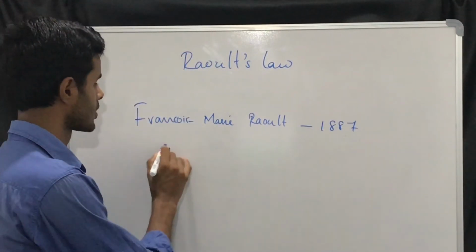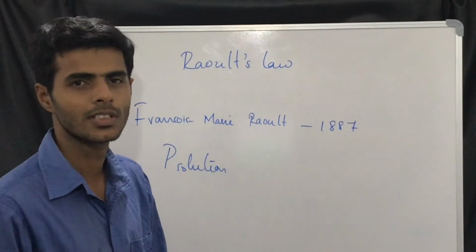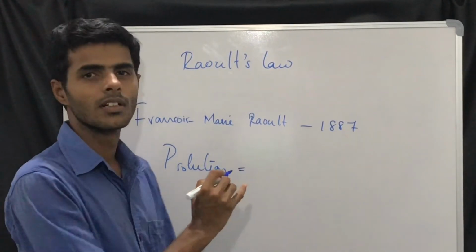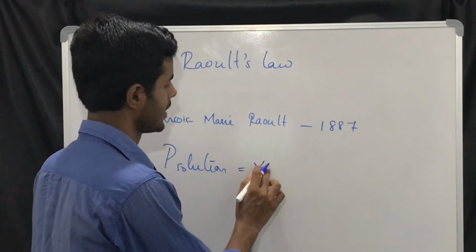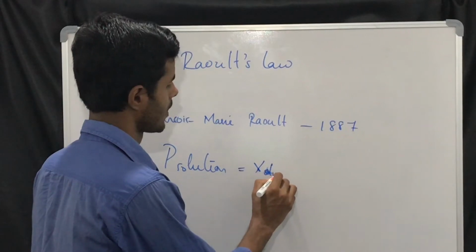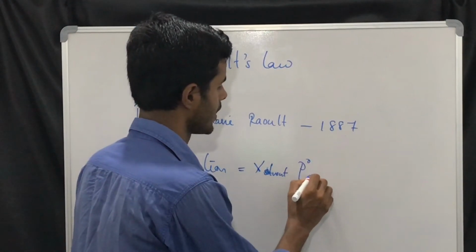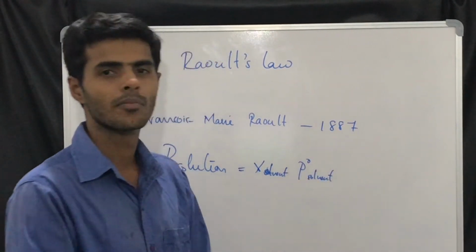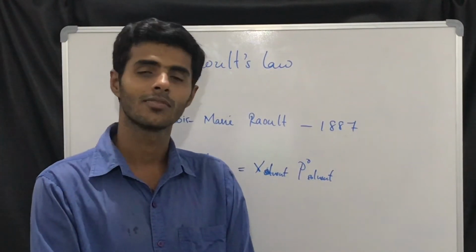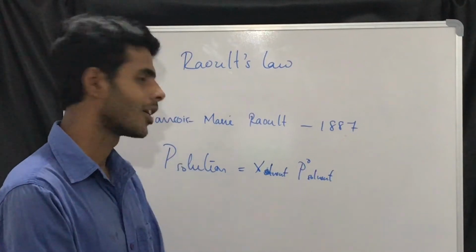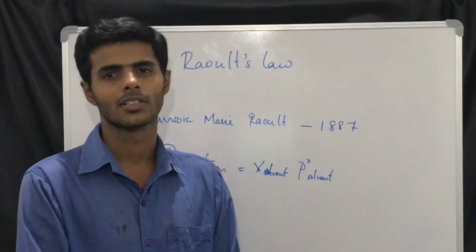P solution is equal to the mole fraction of the solvent, one of the components, XA, let it be the solvent, multiplied by the pressure of that solvent in its pure state, where P solution is the vapor pressure of the solution, X solvent is the mole fraction of the solvent, and P naught solvent is the vapor pressure of the pure solvent.